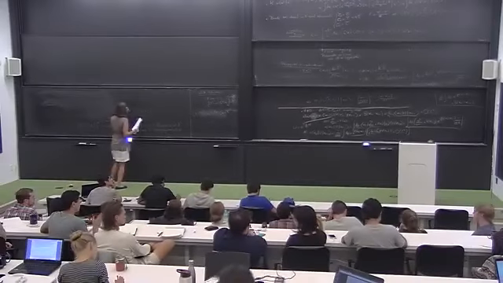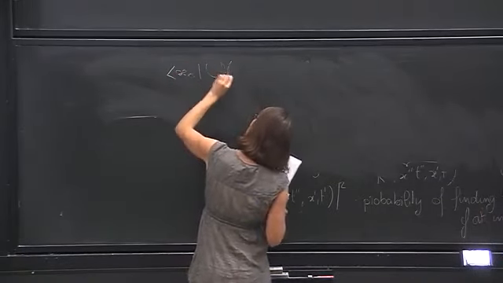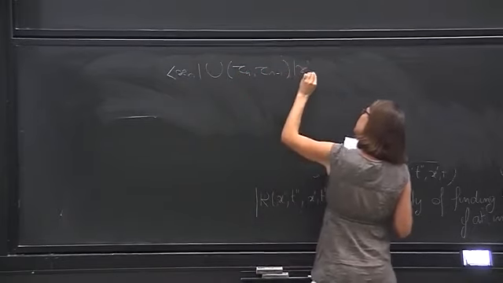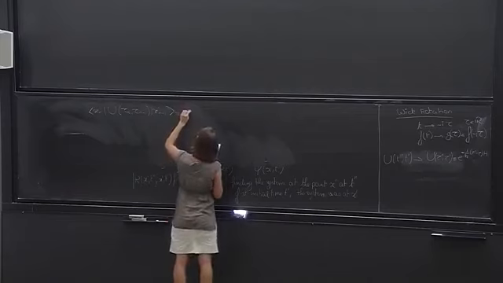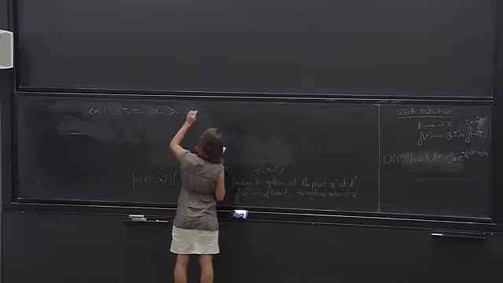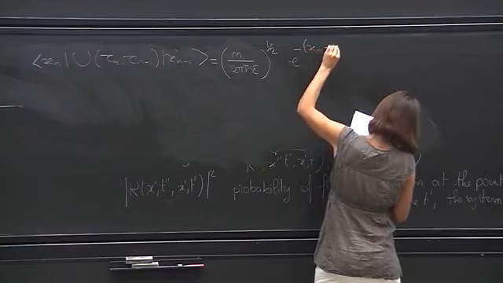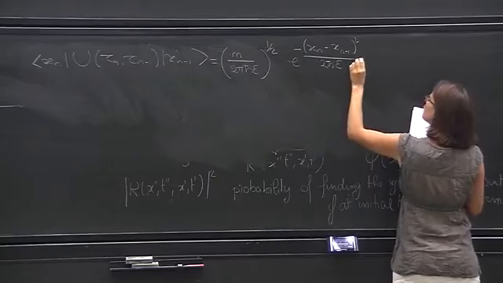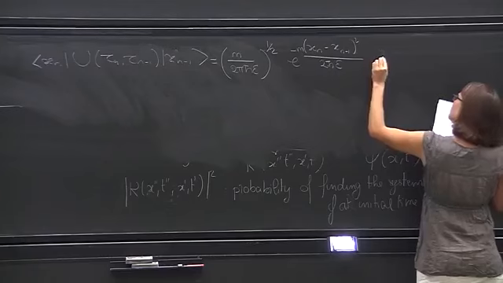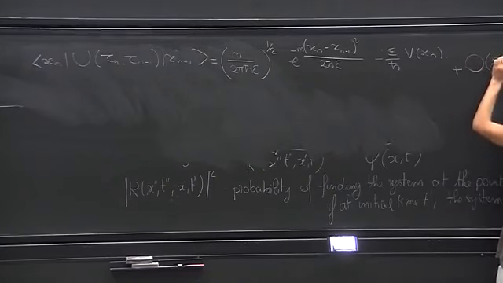So now what is the result that we get for a subinterval? The propagator for a subinterval is in fact, using the result of the free particle that I just computed, this expression with h bar epsilon, and I think I have an m here, minus epsilon over h bar of V of x_n.